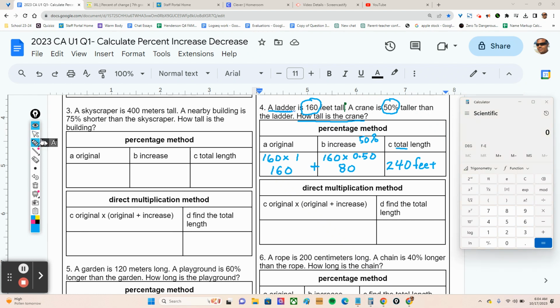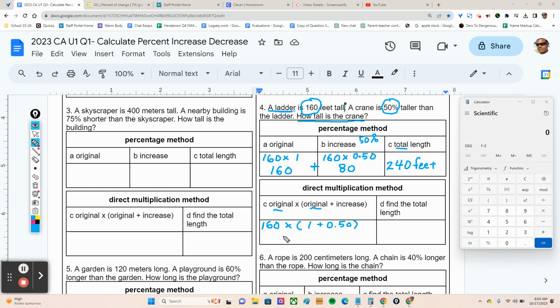Now, the other way you can do it is the direct multiplication method. We take our original number, 160, and multiply it by the original amount, represented by 1, plus the increase, represented by 50%.